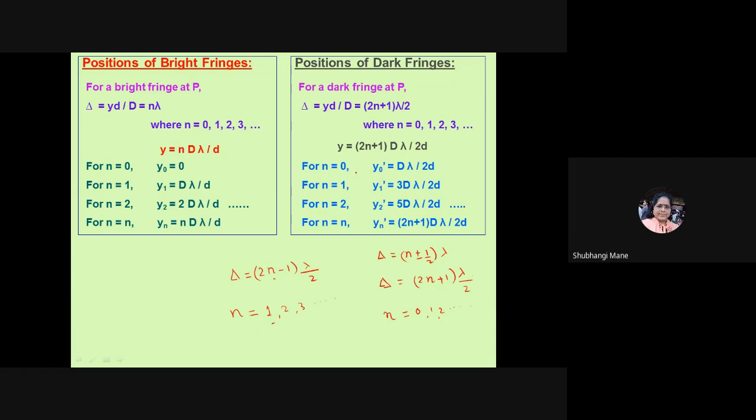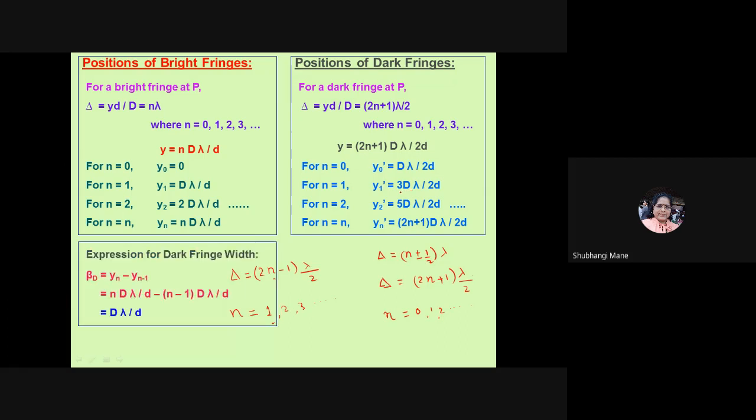For n equals 0 it is the first minima, n equals 1 the second order minimum of intensity, that is 3D lambda upon 2d. This is the expression for fringe width. What is fringe width? Fringe width is simply the distance between two successive fringes.